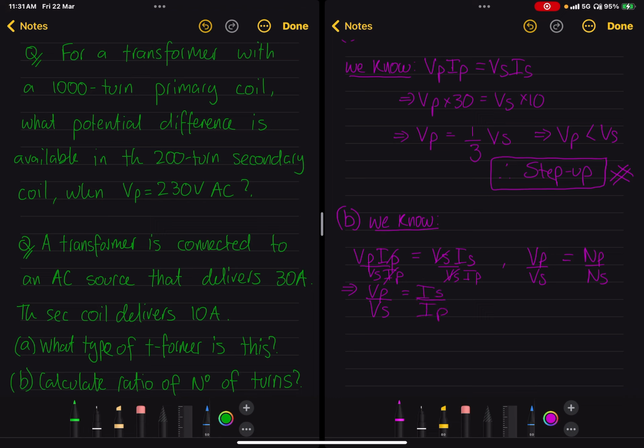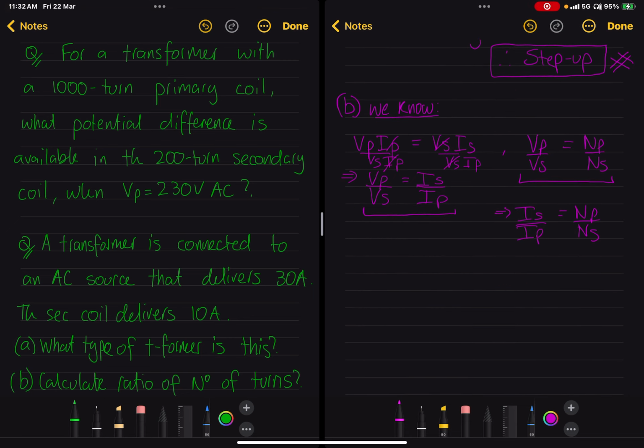Now, Vp on Vs equals Is on Ip, and Vp on Vs equals Np on Ns. This implies that Is on Ip is in fact equal to Np on Ns. Np on Ns is the ratio of turns, right? Ratio of primary to secondary turns. Depending on how you rearrange this, you could have it secondary to primary, but this is the primary to secondary ratio.